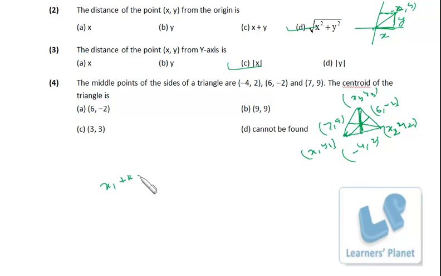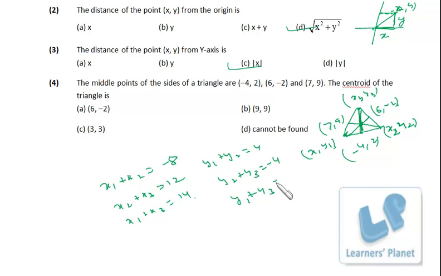That means x1 + x2 is equal to -8. x2 + x3 is equal to 12, and x1 + x3 is equal to 14. Similarly, y1 + y2 is equal to 4, then y2 + y3 is equal to -4, then y3 + y1 is equal to 18.